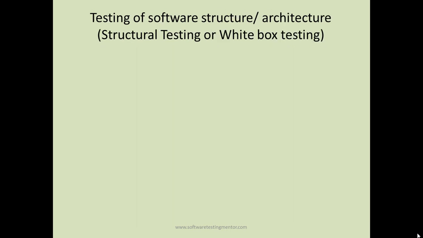Then testing of software structure or architecture. That is also known as structural testing or white box testing. Functional testing was known as black box testing, and if you are testing the structure or architecture of a software, that is known as white box testing, because you are more concerned about the internal implementation of the software, how the classes are being implemented, whether best coding practices have been followed or not, and basically the internal architecture of the whole software.